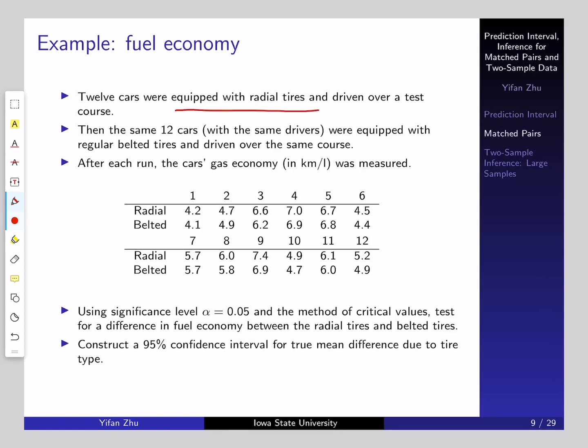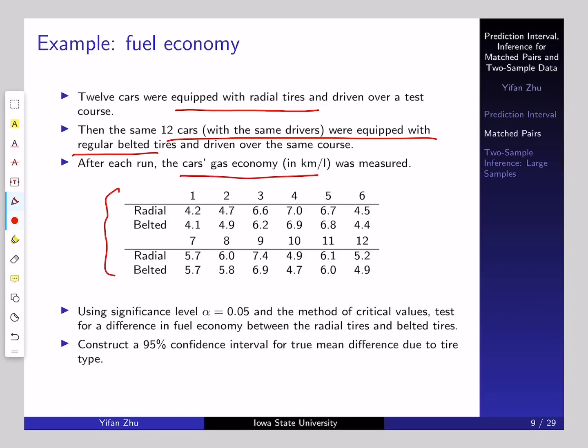First, they are equipped with radial tires, and then the same 12 cars are again equipped with the regular belted tires. The same drivers are used, and then we record the cars' gas economy.